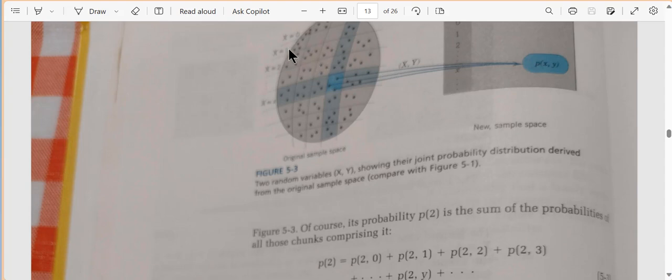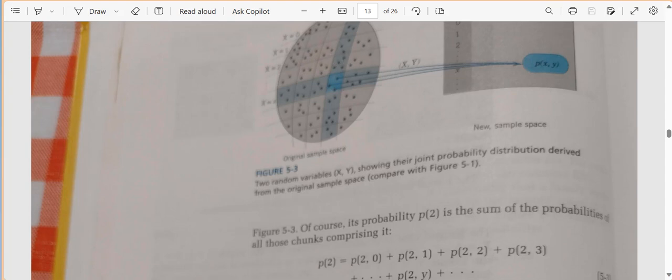Okay, and we can say, what's the probability that x equals 2? Here's x equals 2, and it's all of these. We can say that all of these are equal to this, plus this, plus this, plus this, plus that. What does that mean? That means that the probability of x equals 2 equals the probability of this plus the probability of this plus this plus this plus that.